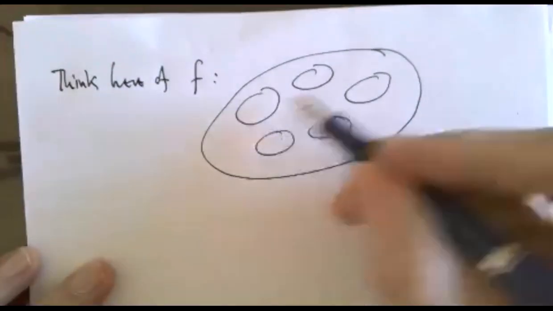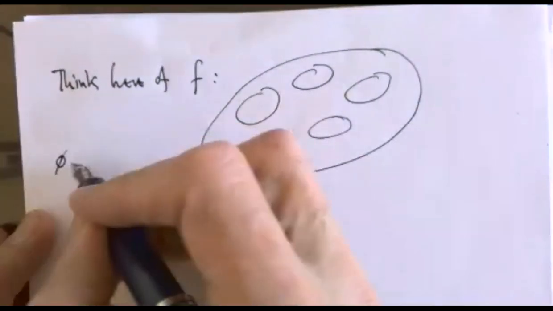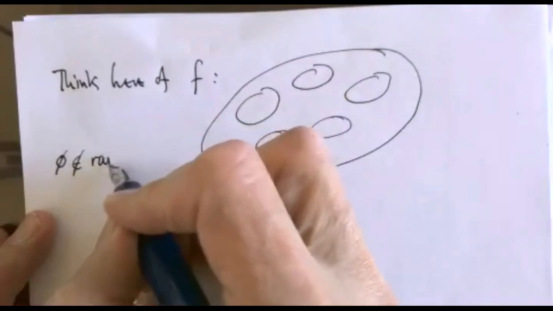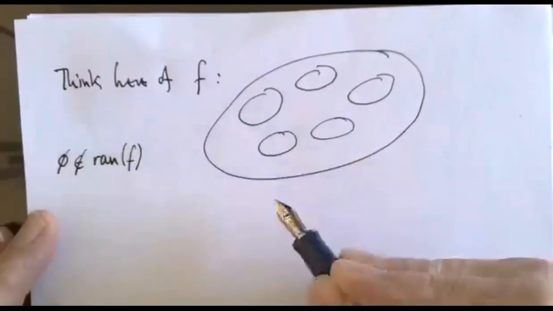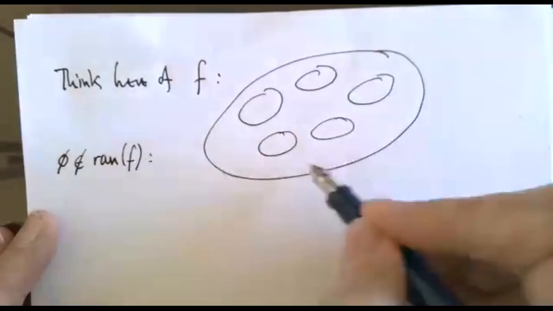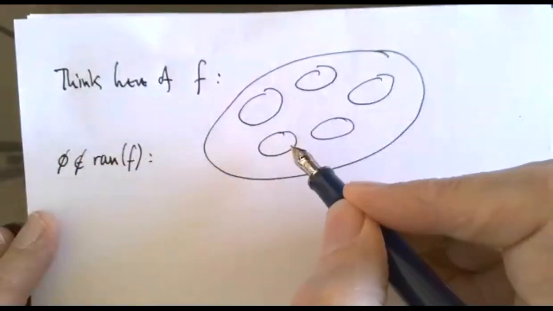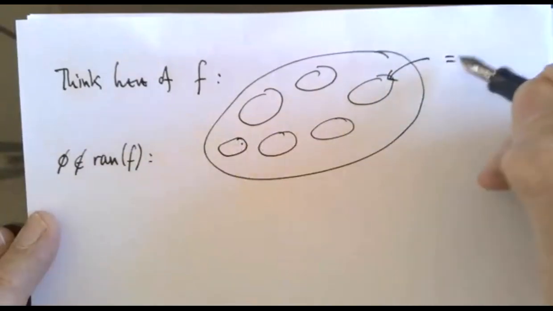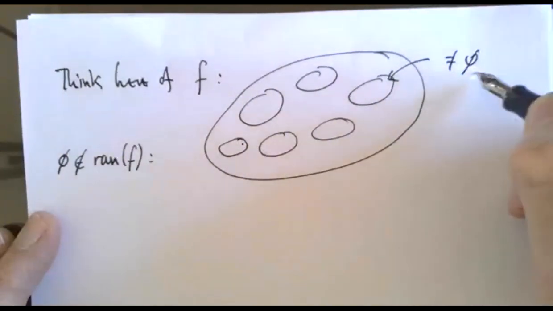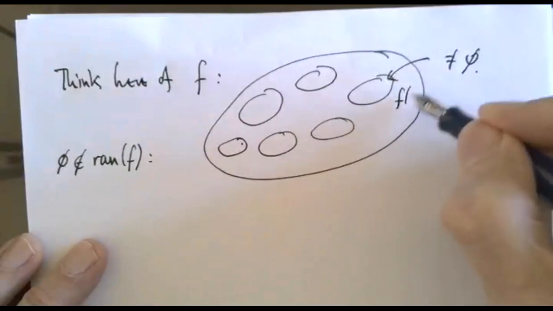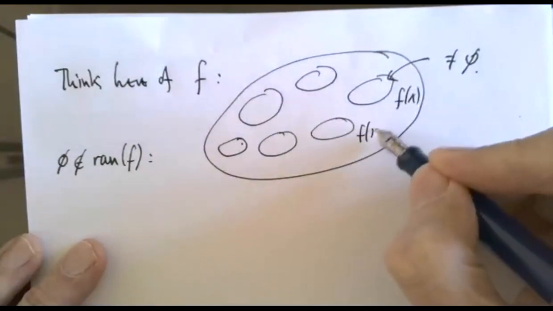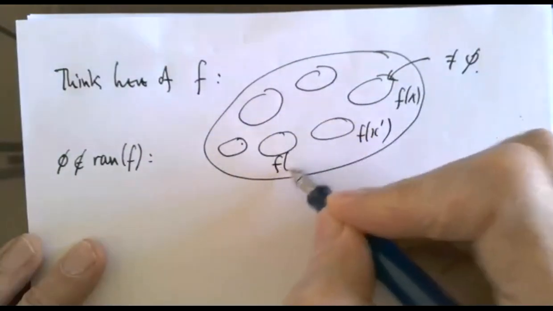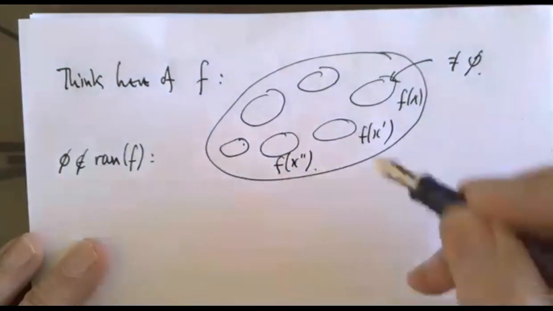And we say that the empty set is not in the range of F. That means none of these sets inside this bag are empty, so none of these equal the empty set. So this is some fx, and this is some fx prime, and this is some fx double prime, and so on.